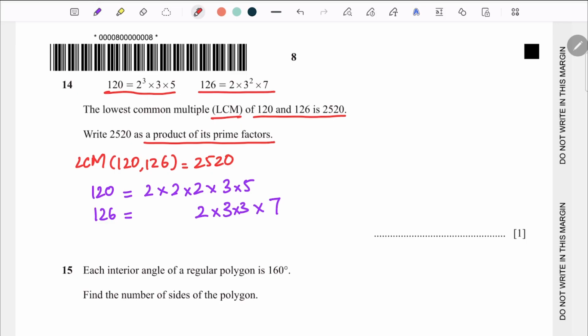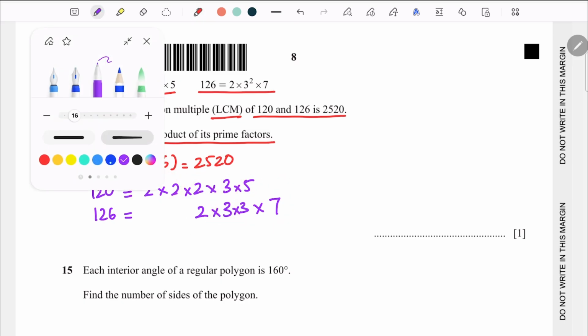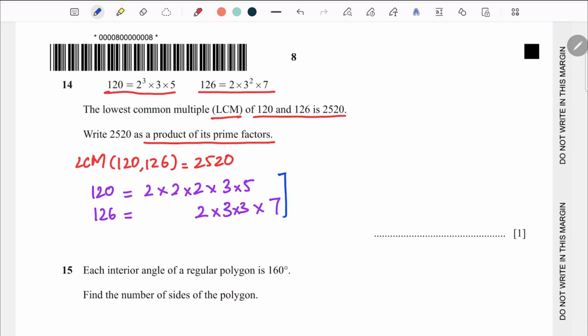By writing down the prime factorization, I can see that this 2 and this 3 are common. So when I write the LCM, I'll write this 2 and this 3 only once, and then I'm going to write the remaining numbers. It's going to be 2 into 2, which are uncommon, then the remaining uncommon digits, which are 5, 3 and 7.